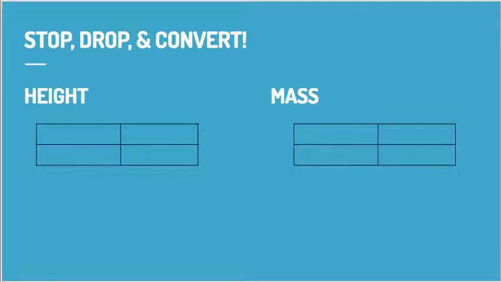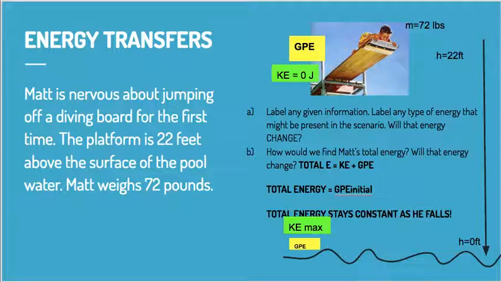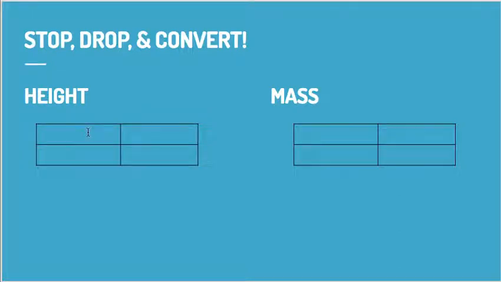Okay, so you notice that we don't have SI units, so we can't do any calculations until we stop, drop, and convert. So we need to convert mass to our SI units and height to SI units before we move on. So the height was 22 feet. We're going to put that in the numerator. Leave the denominator blank, or you could just put 1 without any units. That would be an equivalent quantity.